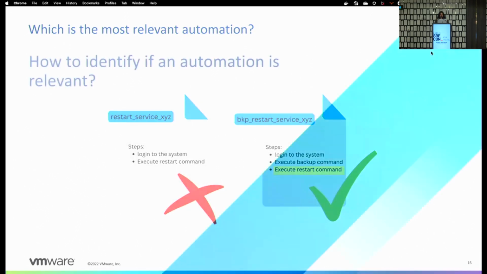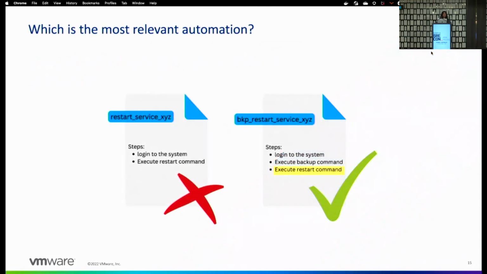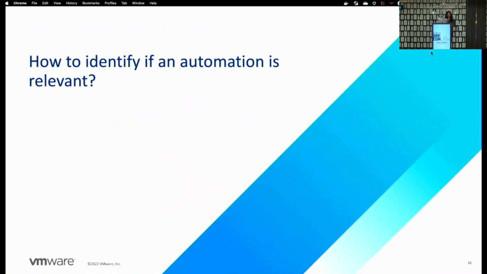Now, how can we make our automation platform help us identify which automation is relevant at the given point of time? So what if the on-call engineer had access to more information about, say, customer infrastructure, about the automation itself, about what versions of customer infrastructure the automation supports, and all of these things, right?